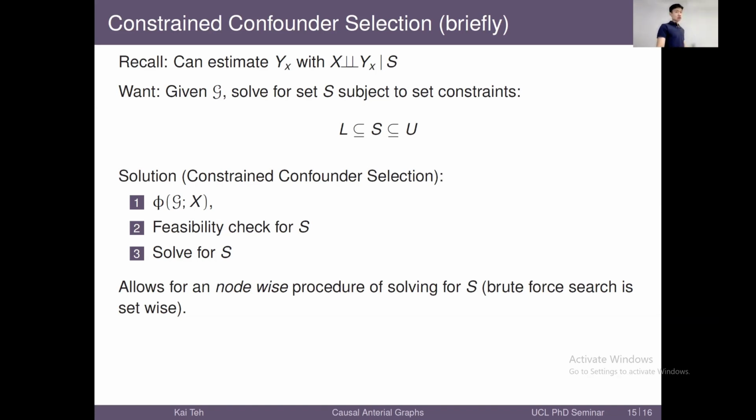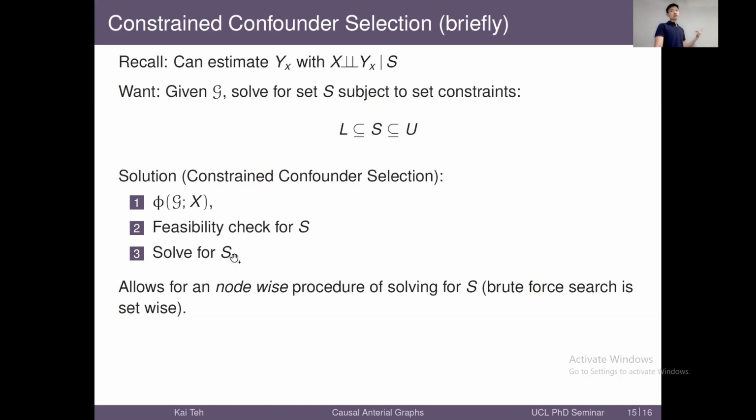We can solve this in 2 steps. The first is a feasibility check of whether such a set S exists, because it may very well be that no S satisfying these constraints exists. Then you can solve for S iteratively, node-wise.